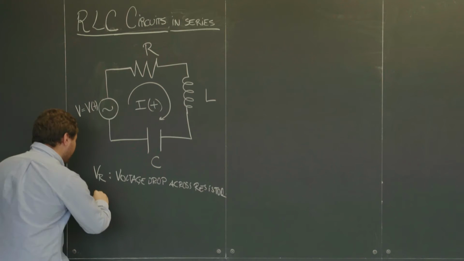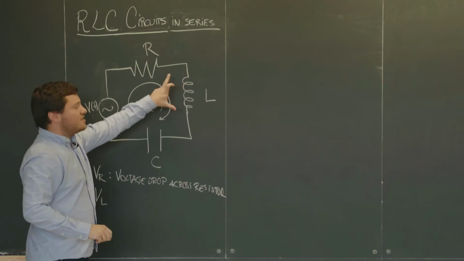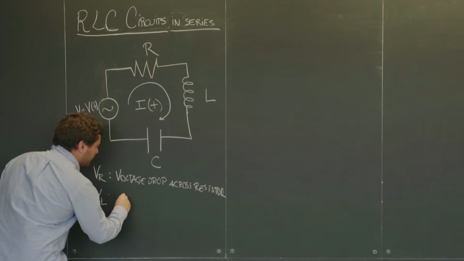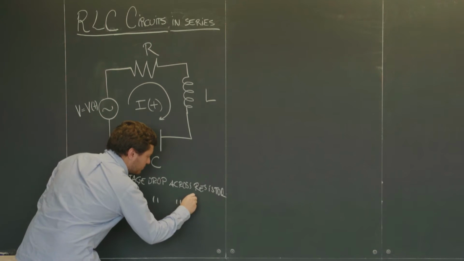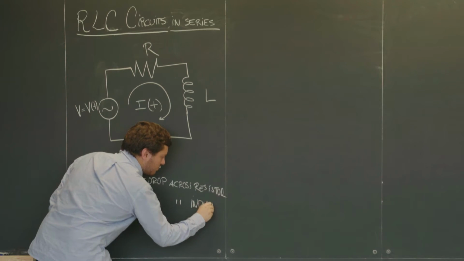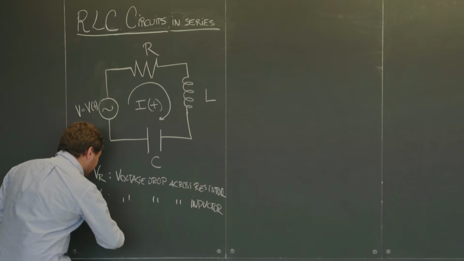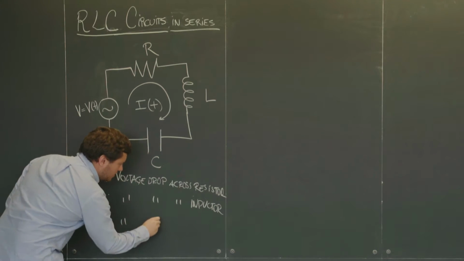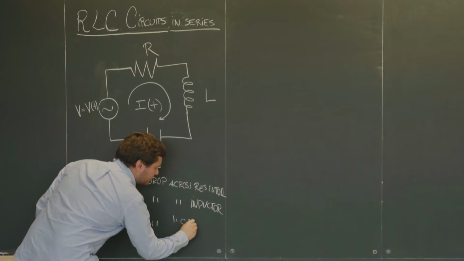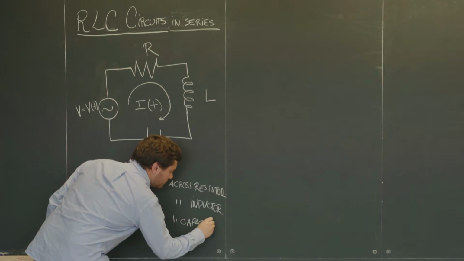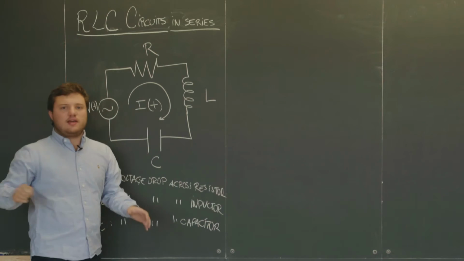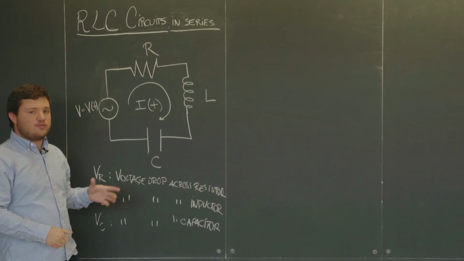Then VL is the voltage drop across the inductor. And finally, VC is the voltage drop across the capacitor. And these are all the variables that we can measure in the system.